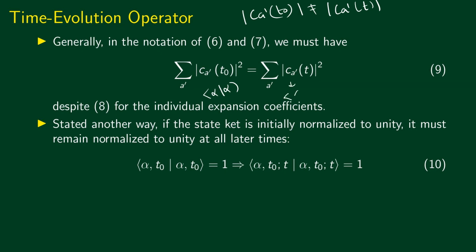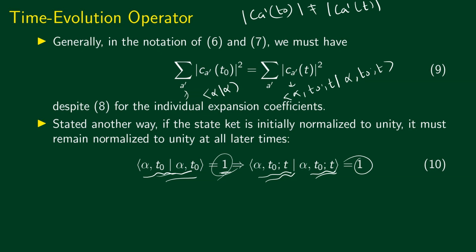This is simply bracket alpha comma T0 at a later time T, alpha comma T0 at time T. So this equation is simply the demand that bracket alpha comma T0, alpha comma T0 is equal to 1 means that bracket alpha comma T0 at a later time T, alpha comma T0 at a later time T is equal to 1, or normalization is conserved.